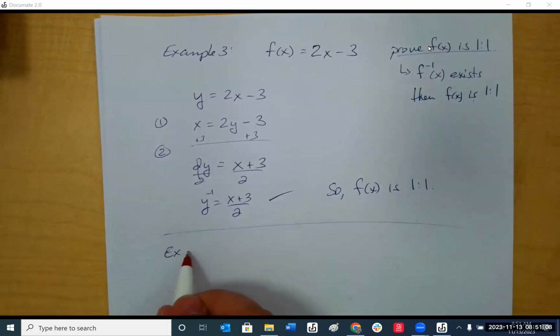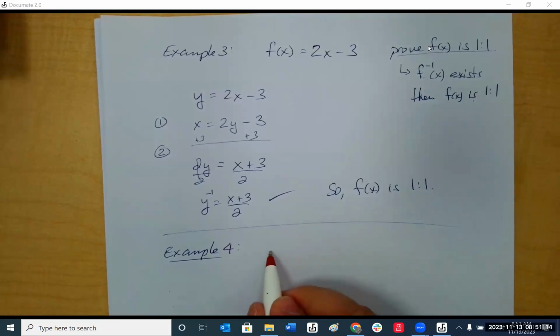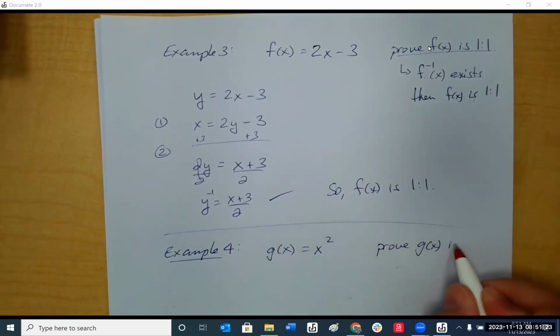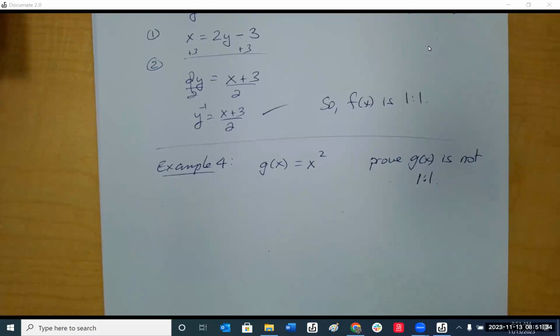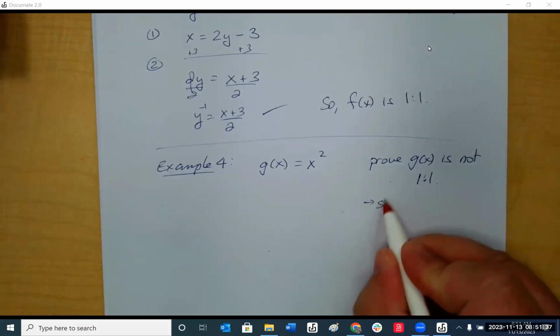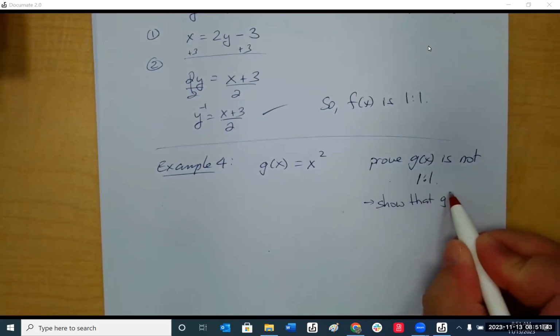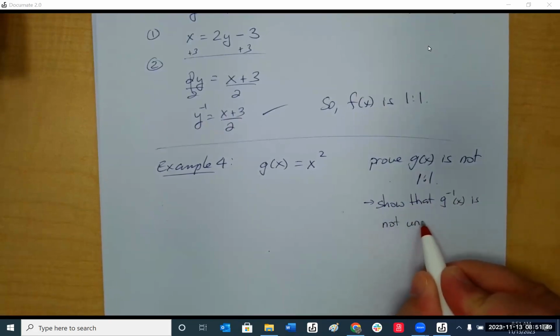Example 4. We have a function g of x equals x squared. Prove g of x is not 1-to-1. So show that the inverse of g is not what we call unique.